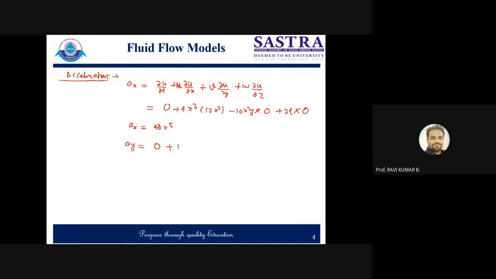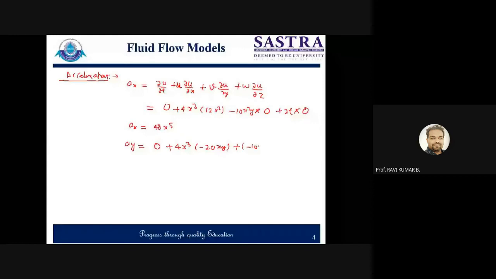So you just put u as it is, the u value 4x cube, and now ∂v/∂x. If you do this, v is minus 10x square y, so it gives minus 20xy, so minus 20xy, plus now v will come. So put the value of v, minus 10x square y.